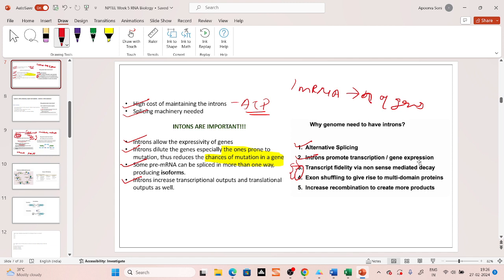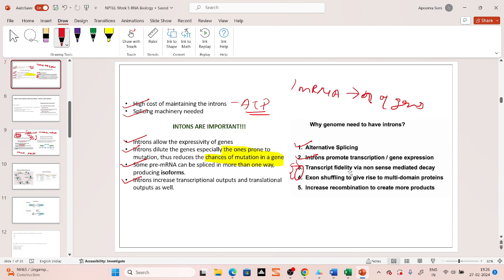Now you know what is nonsense mediated decay. It is a pathway where those mRNAs which have premature termination codons are degraded. Now how is this connected to introns? Introns help in nonsense mediated decay and it promotes the transcript fidelity.